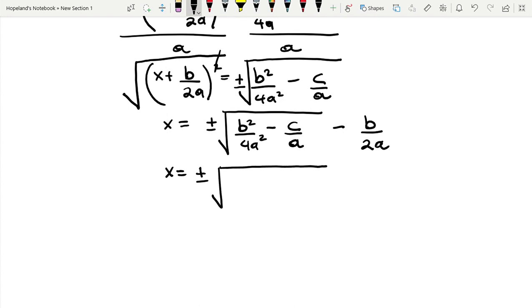What we have under the square root, you're going to combine into a single fraction. Let's multiply c over a by 4a on top and 4a on the bottom.